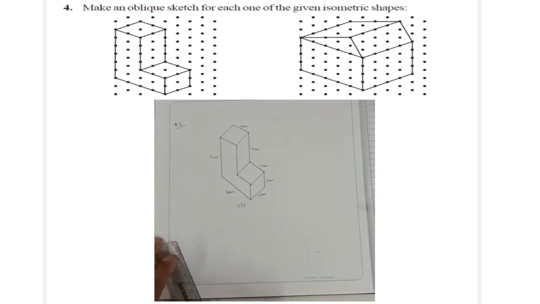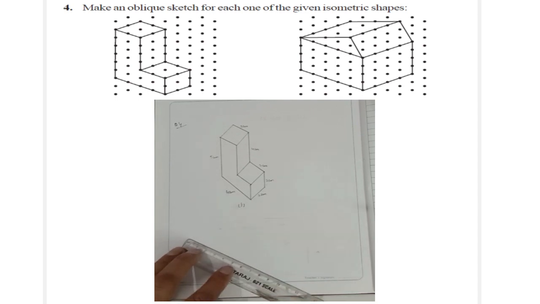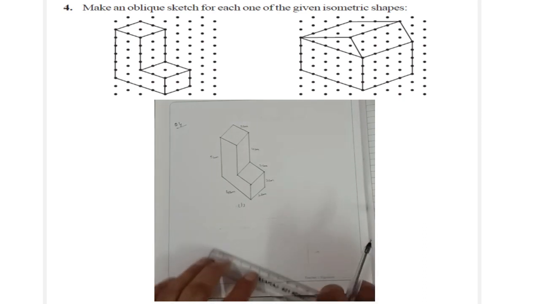Now come to second shape. Here the front faces are rectangles of length 5 centimeter.